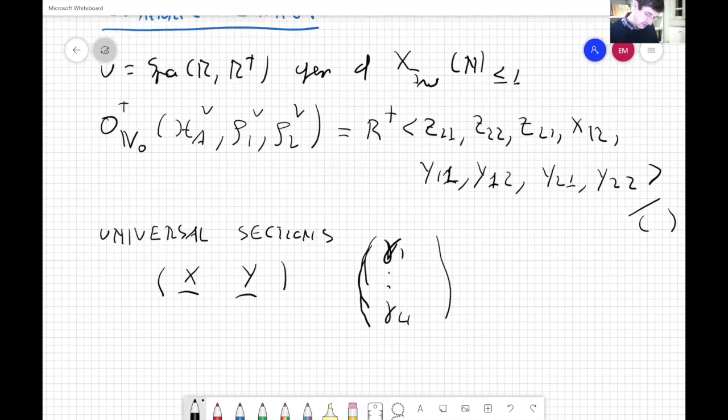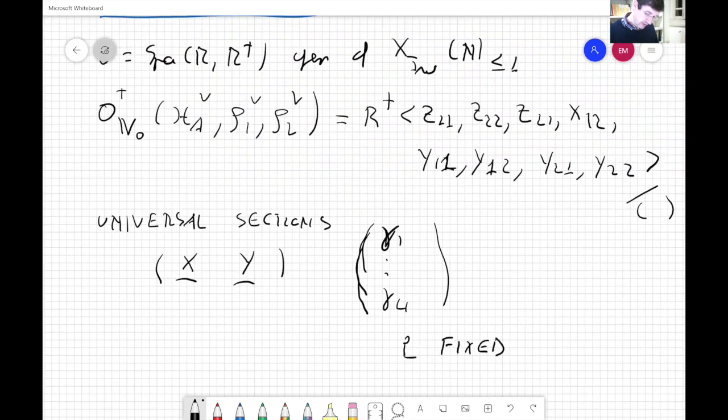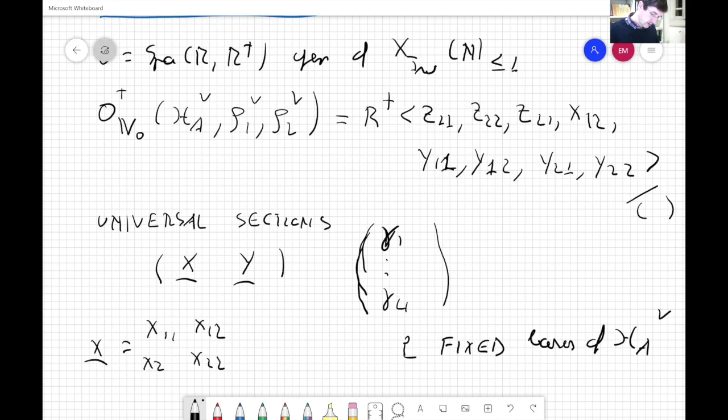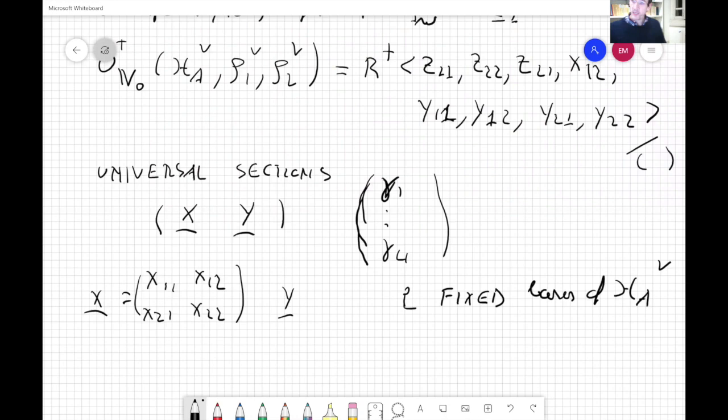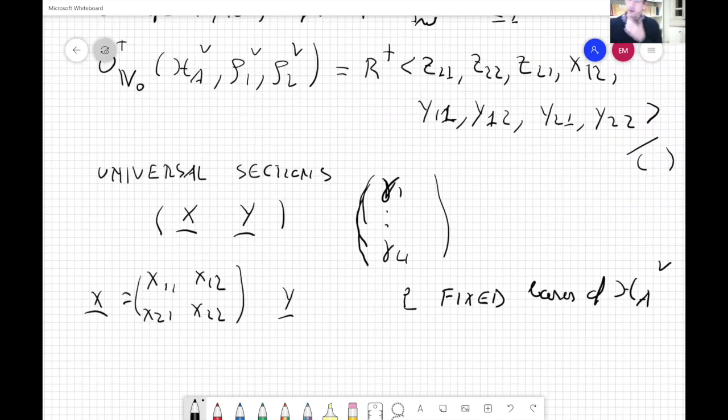So this is some fixed, well-adapted basis of H_A dual, so dimension 4. X is simply the matrix x_{1,1}, x_{2,1}, and similarly for Y. And then remember that we had certain requirements, so making this column matrix multiplication, we get indeed two sections as a combination of gamma 1 to gamma 4.